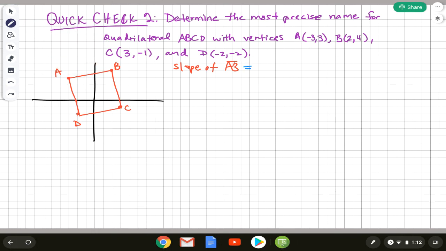All right, so I'm going to be subtracting the y values on top, so 4 minus 3 over 2 minus a negative 3. So it's going to be a 1 on top over 2 plus 3, which is 5. So 1/5 is the slope of AB, and I'm just using the points that they've given me up here as I'm calculating it.